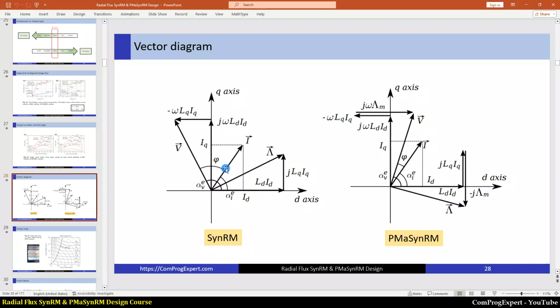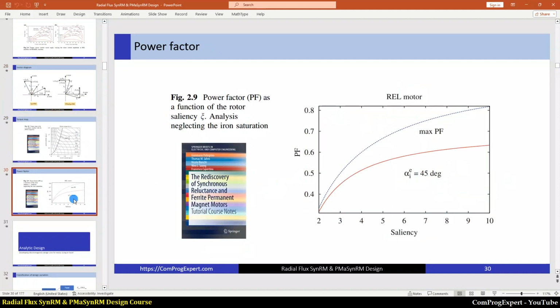But we have an analytical derivation in this reference. You can refer to this reference and read the procedure, neglecting the magnetic saturations and so on, and calculate the value of power factor versus the saliency ratio. As you can see, when the value of saliency ratio is high, for example 5, 6 or 7, still the value of power factor is low.